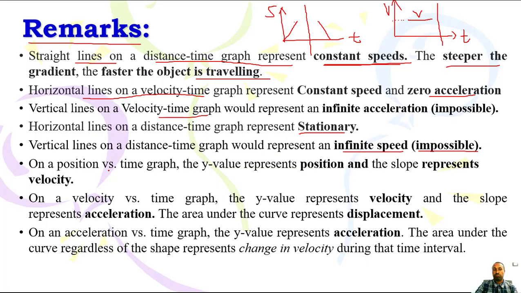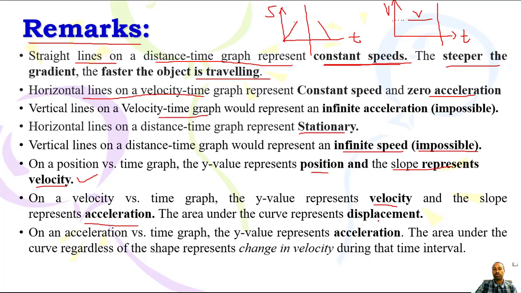On a position time graph, the y value represents the position and the slope represents the velocity. Clear? Because if you have position, distance versus t, then ds by dt will give you velocity. On a velocity versus time graph, the y value represents the velocity and the slope represents acceleration, because dv by dt will give you acceleration.